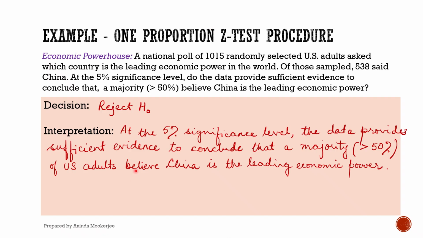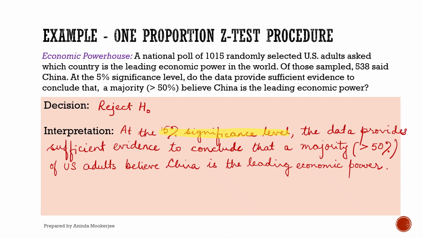So I took a pause and wrote out the interpretation. So the critical phrase over here is, of course, at the 5% significance level. So this part of the interpretation is very important.